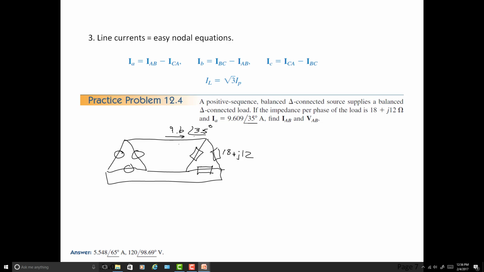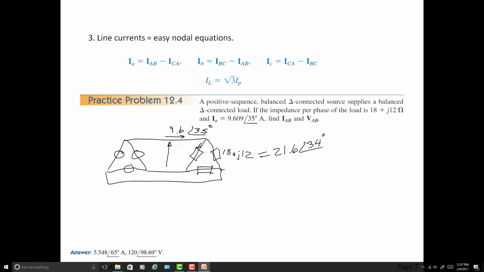We want to find IAB, this guy here, and VAB, this here, given these currents and impedances. And it's balanced, so you know what's going on in every phase. So I'm just going to note, so we don't drag through the calculations, this is going to be 21.6. You can do the calculations yourself, at an angle of 34 degrees.